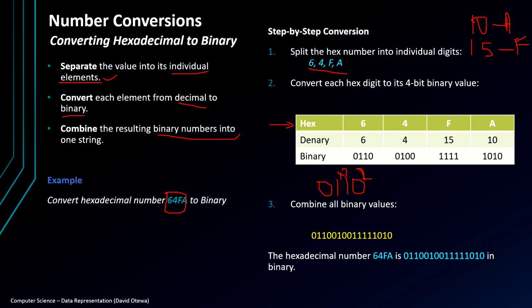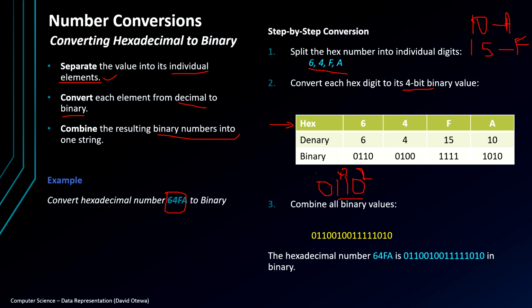So 4 plus 2 is 6. So 6 will be 1, 1, 0. But since we want them in 4 bits, we need to add a 0 here, on the leftmost. Even if you get 1, 1, later, you'll have to add 2 zeros. But in our case here, we just add one 0 to make it 4 bits.